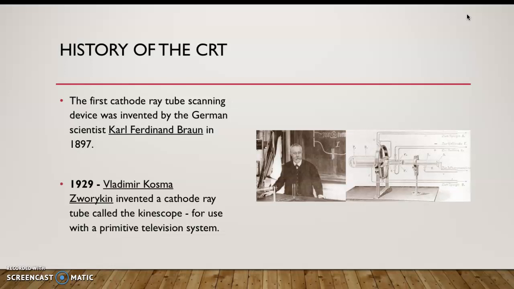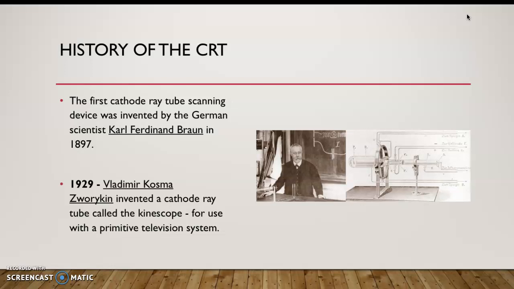Braun introduced the CRT with a fluorescent screen known as the cathode ray oscilloscope. Oscilloscope, another tongue twister. But it wasn't until Boris Rosing later on, he was the first inventor to actually transmit crude geometrical patterns onto the television.